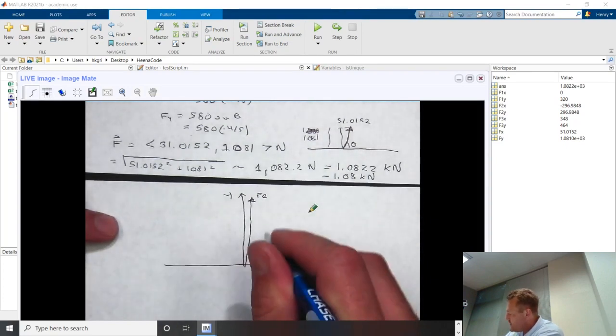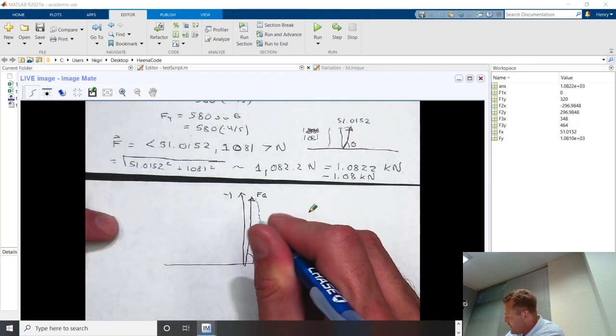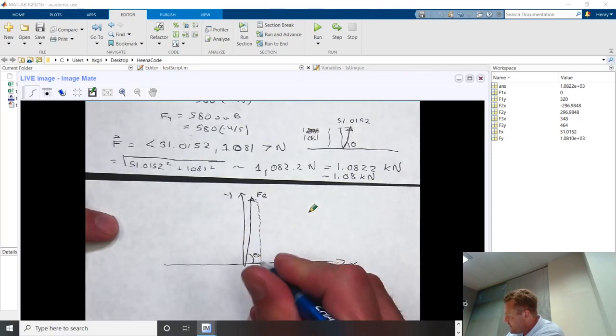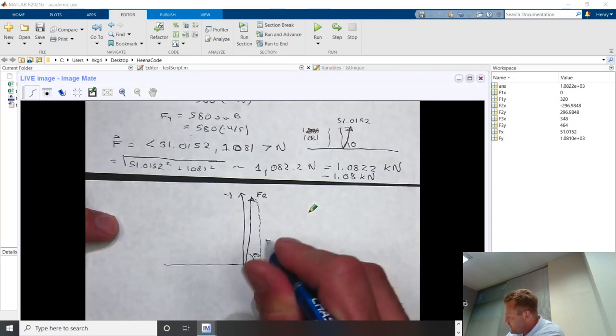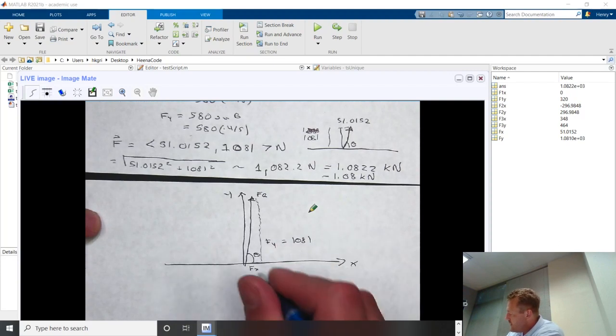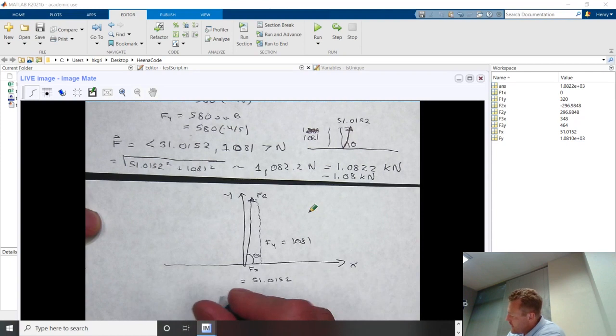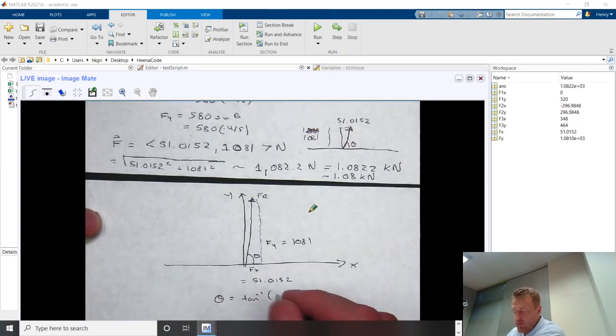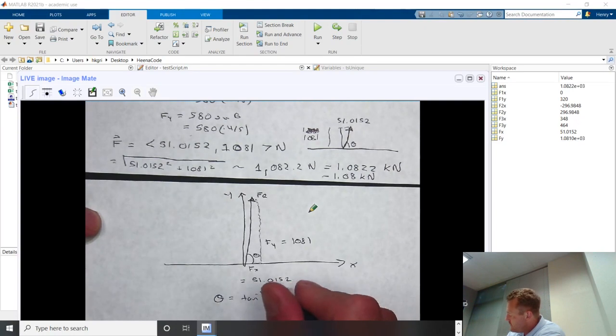Well, if I did a decomposition and showed it in terms of a y component and x component, it's still a right triangle, right? The y component has a magnitude of 1,081. The x component has a magnitude of 51.0152. So theta is just going to be the inverse tangent of the opposite side length, 1081, divided by the adjacent side length, 51.0152.